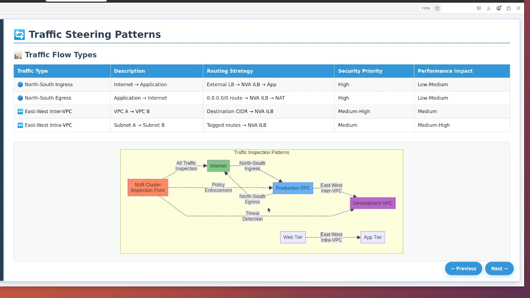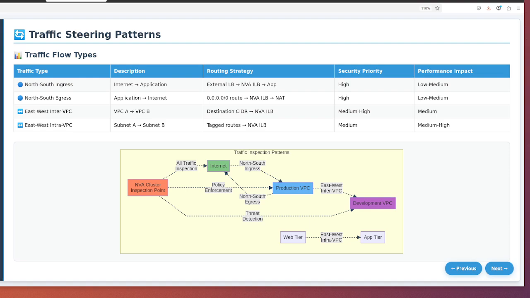For spoke-to-spoke communication, you create routes in each spoke VPC that direct traffic destined for other spokes through the hub NVA infrastructure. For intra-VPC communication, you use more granular routes or policy-based routes to inspect traffic between specific subnets or application tiers.